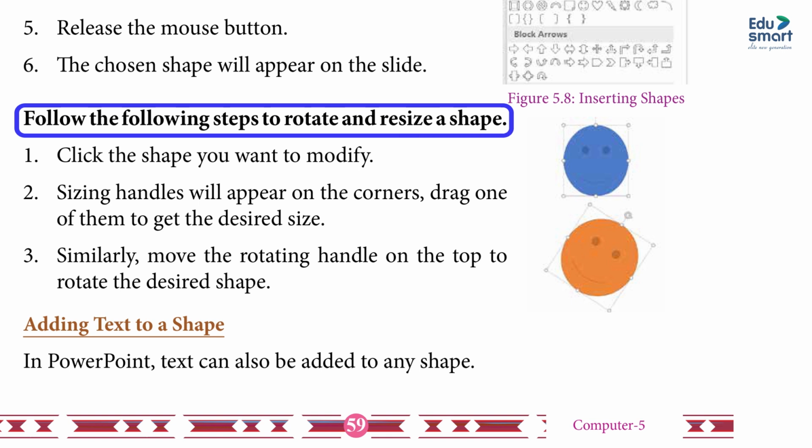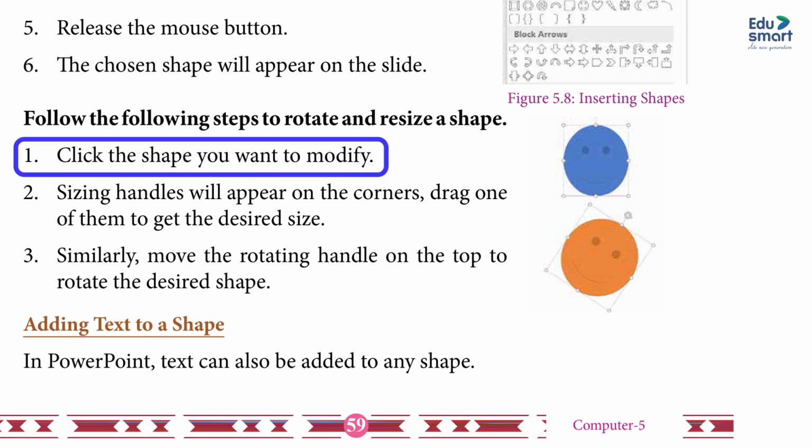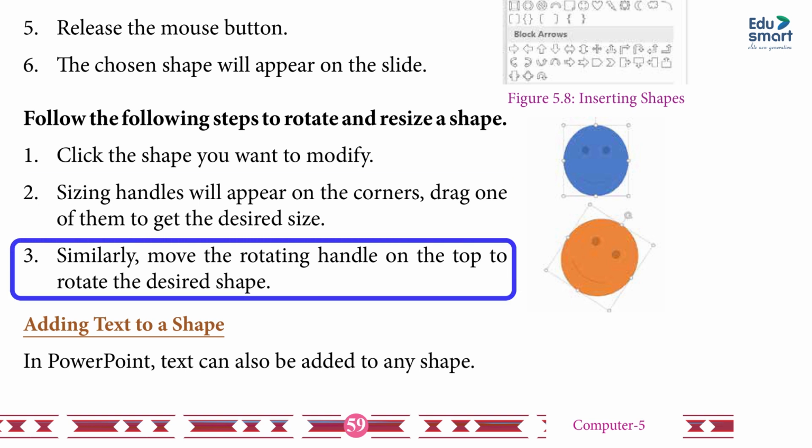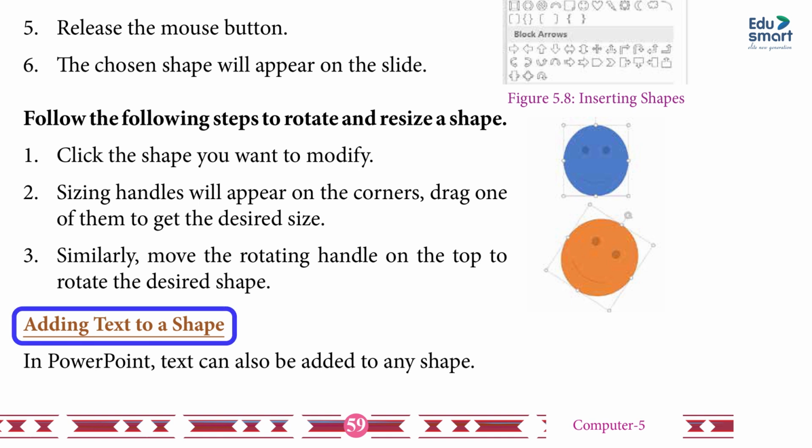Follow the following steps to rotate and resize the shape. 1. Click the shape you want to modify. 2. Sizing handles will appear on the corners. Drag one of them to get the desired size. 3. Similarly, move the rotating handle on the top of the shape to rotate it as desired. Adding text to the shape.